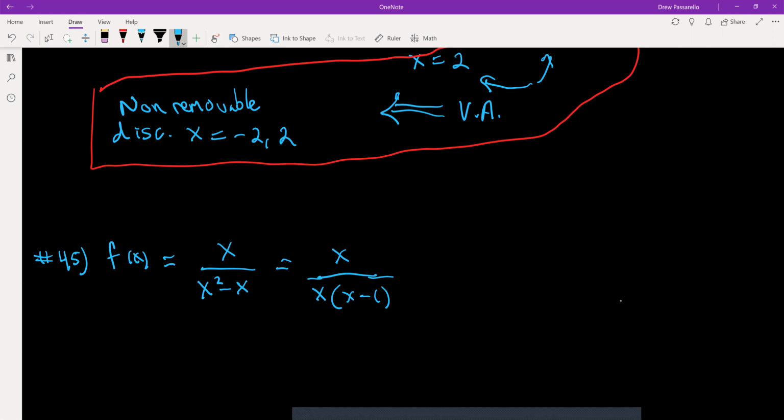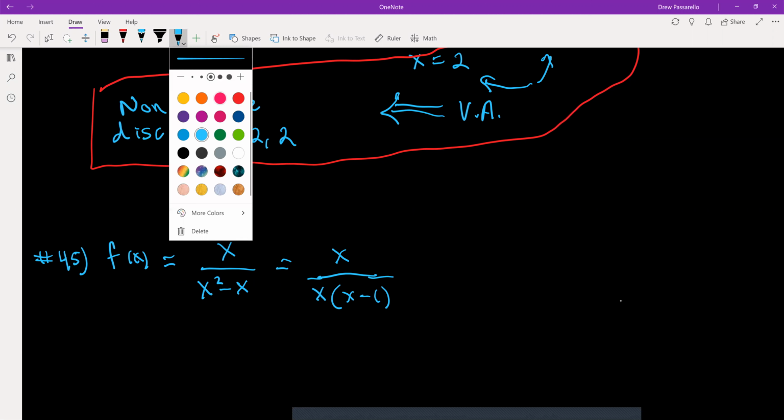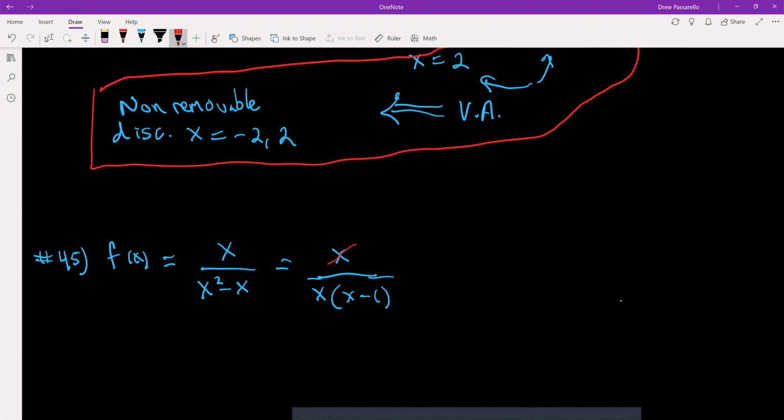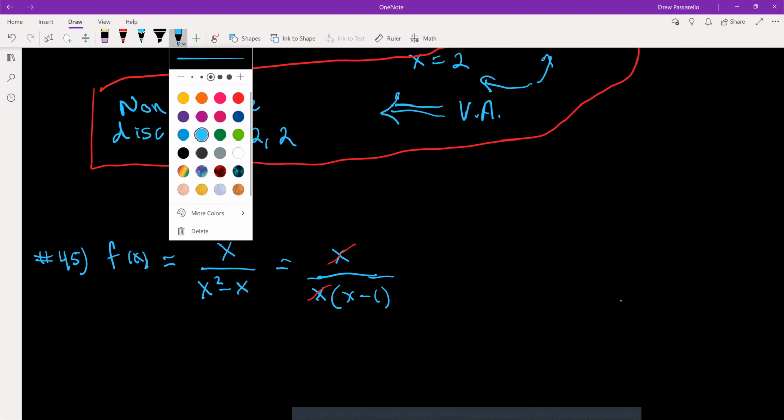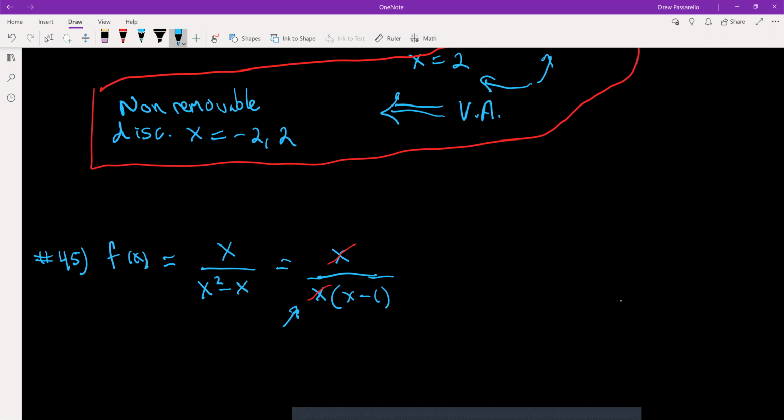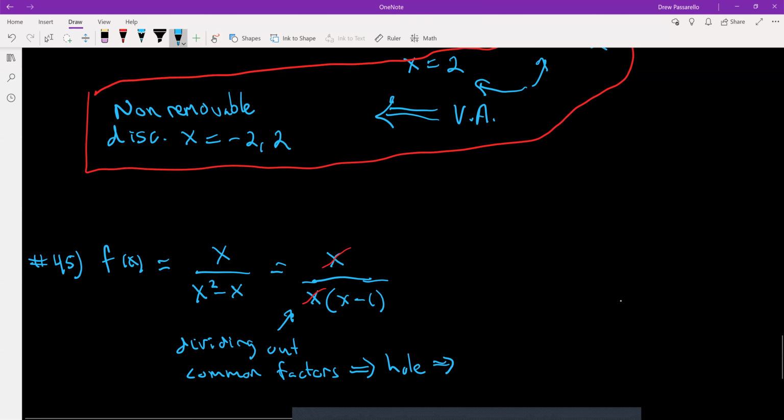Now here's an example where I can divide out common factors. So I can divide out x. This means there's going to be a hole. Dividing out common factors means there's a hole, and the hole occurs where you set the factor equal to 0.